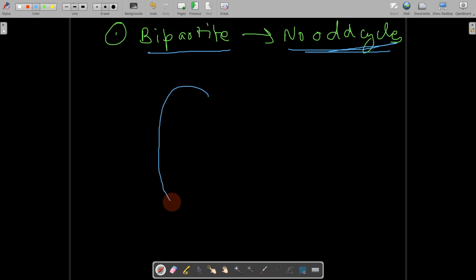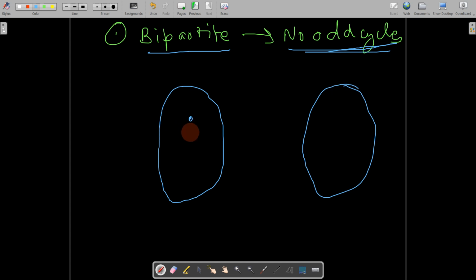Let us see the example of a bipartite graph. Three nodes over here, and four nodes over here. Set A, set B: this is A1, A2, A3, B1, B2, B3, B4. Now suppose there are odd cycles present, can that graph be a valid bipartite graph?